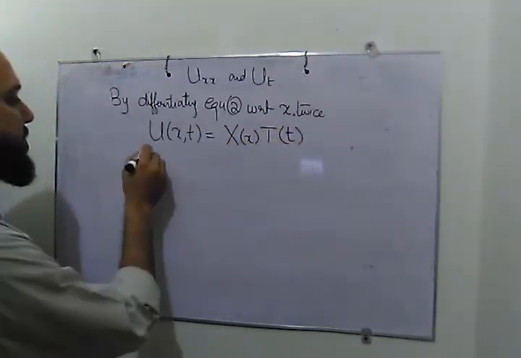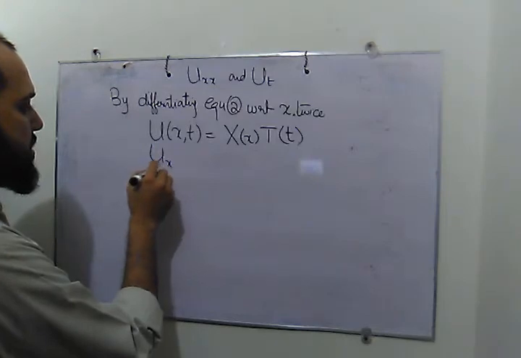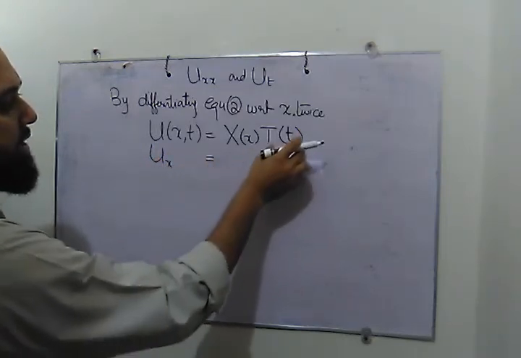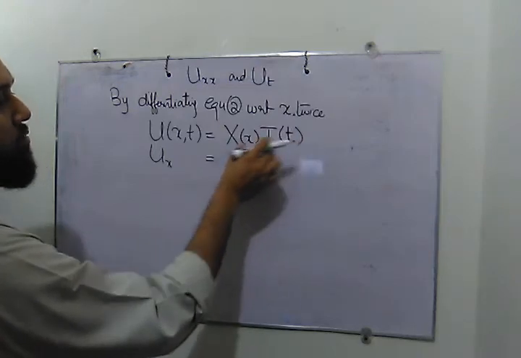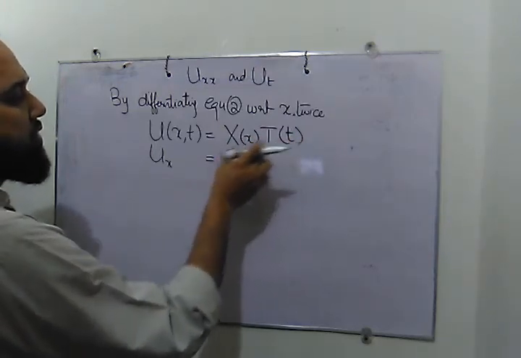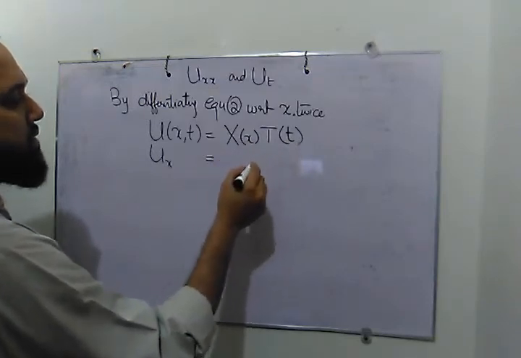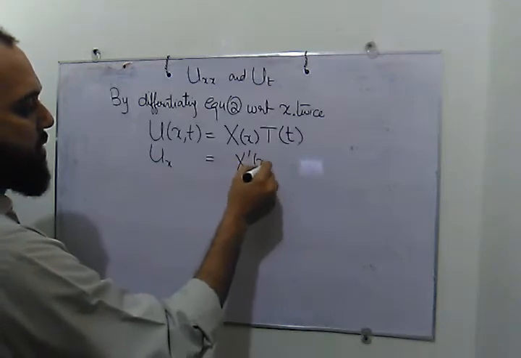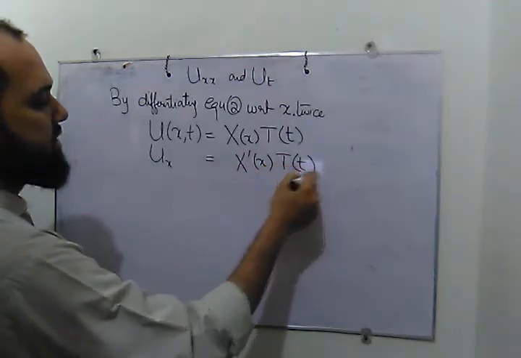When we differentiate it once, we get a subscript x, which shows the derivative with respect to x, and as T is a constant, because we have assumed that these are independent, it comes out of the derivative, and the derivative of X is represented by X prime, so T remains the same.